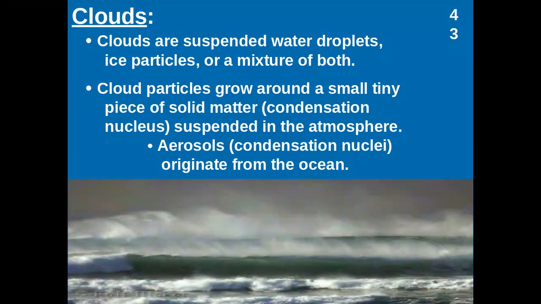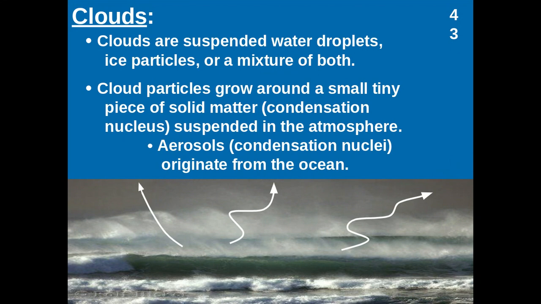So for example, I have an image down here showing the ocean, showing the waves breaking through and merging up into the atmosphere. The spray is carrying little salt crystals, little salt particles, and those little salt particles have water around them, which evaporates and then becomes a single little salt particle.